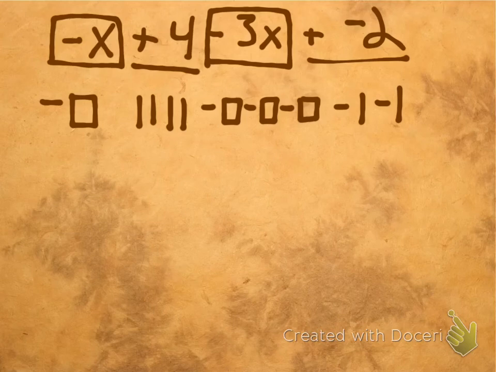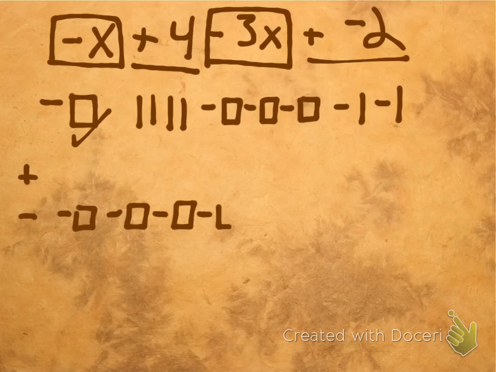Now, remember we want positives on the top, negatives on the bottom. Do our squares first. Do we have any positive squares? No. Do we have any negative squares? Yes. How many? 4. We've got this one, and then we've got those 3 that are next. Do I have any positive numbers, just regular numbers?